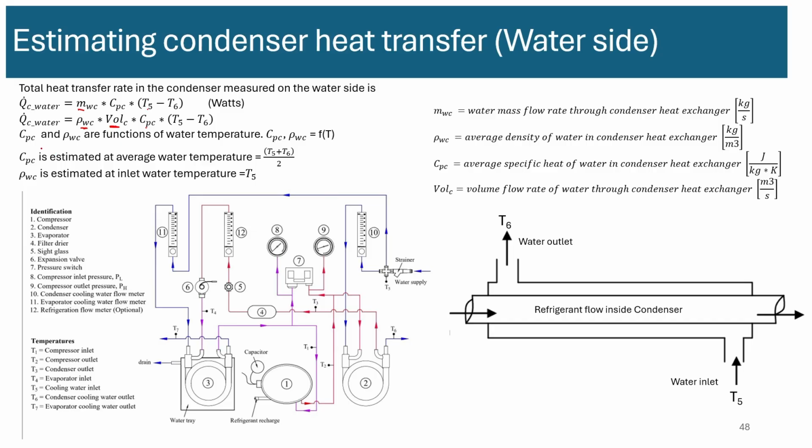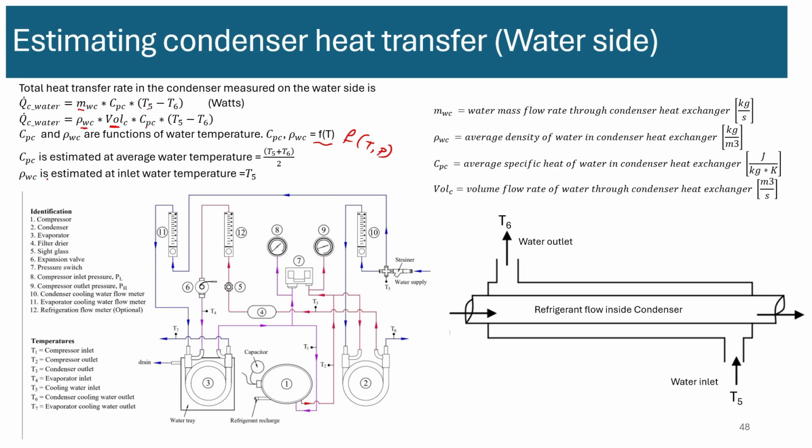One thing to remember here is both of these are functions of temperature. They're actually functions of temperature and pressure, but the variation with pressure is minimal, so they're primarily considered a function of temperature. However, for CoolProp calculations, we will need to provide a pressure too, and that pressure will be the atmospheric pressure.